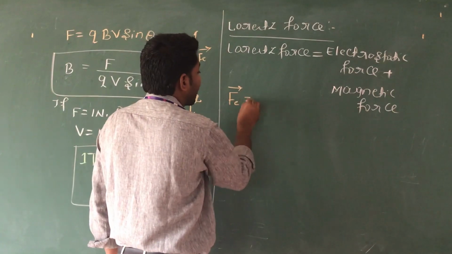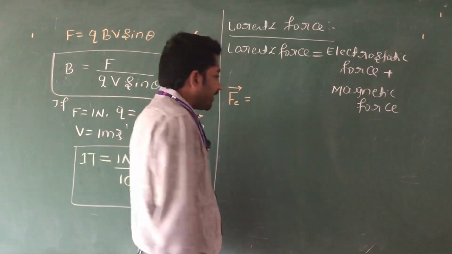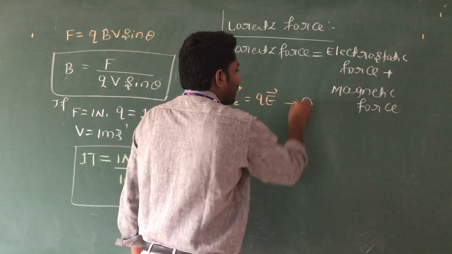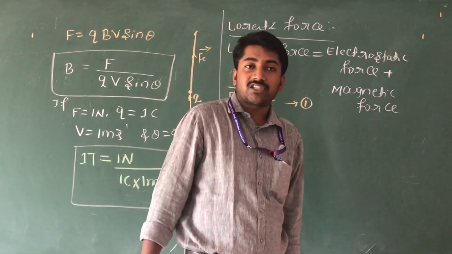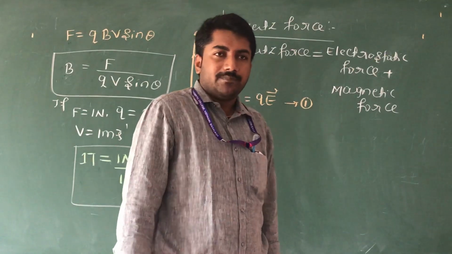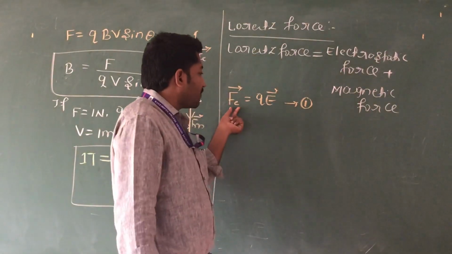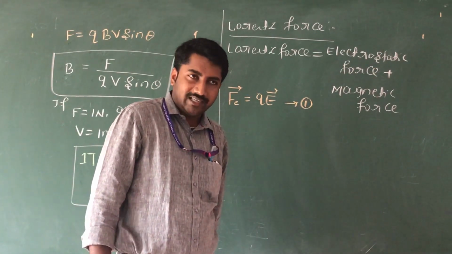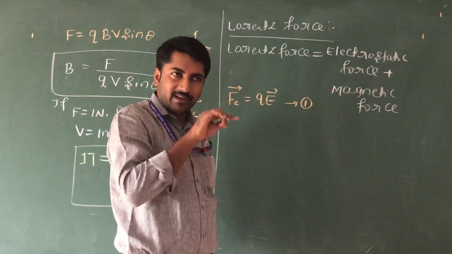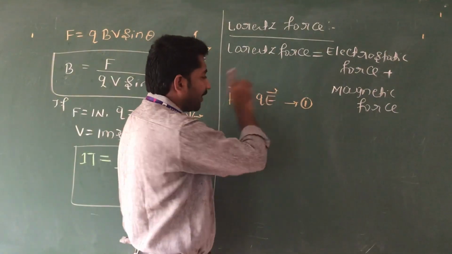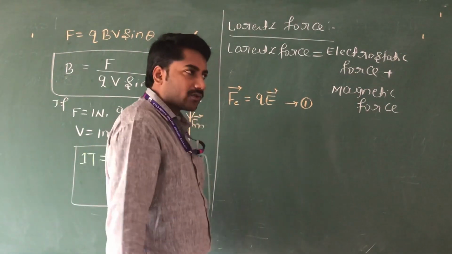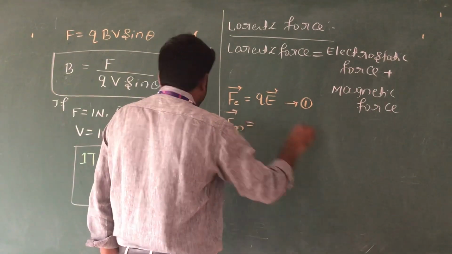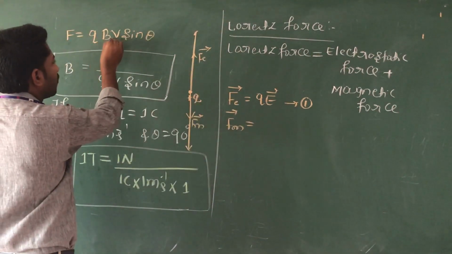We know the formula. The electric force experienced by the charged particle, Fe is equal to Q into E, which is the expression for electric force. The electric field experienced by the moving charged particle, E is equal to F divided by Q, or F is equal to Q into E. Then the magnetic force equation, F equal to Q into B sin theta.